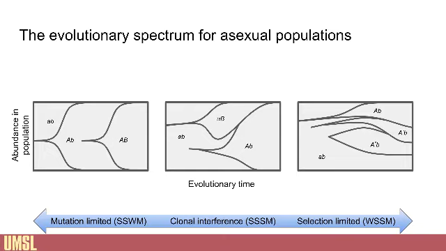So these are three really important regimes in terms of evolutionary processes for asexual populations. At different points in a pathogen's lifestyle, what it's doing, where it's growing, all of these things can be at play, right?